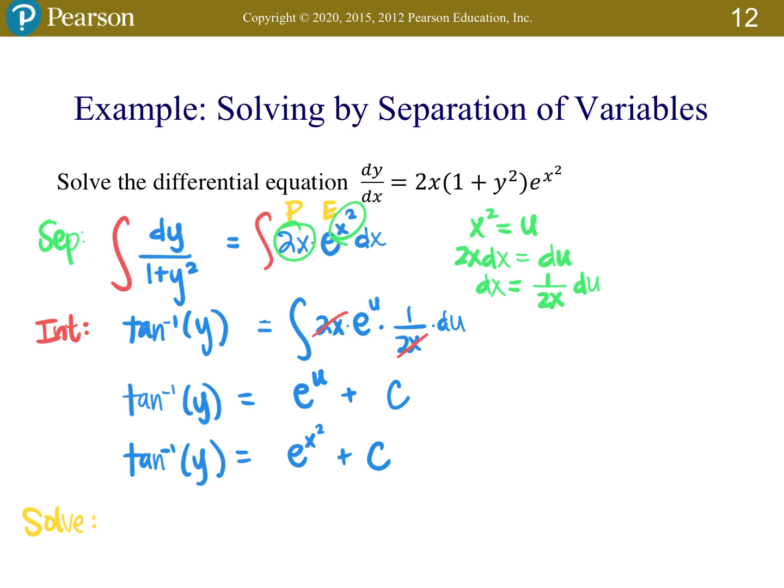Okay, how do we solve for y? Tangent of both sides. Okay, not just the tangent of both sides, the tangent of the quantity on both sides. So y by itself would be the tangent of the quantity e to the x squared plus c, where c is part of the quantity that you took the tangent of.